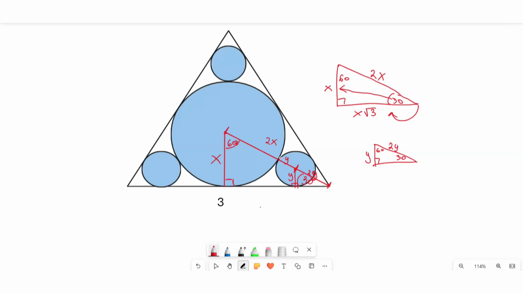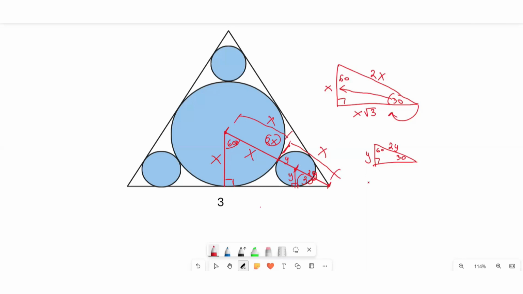Take a look at this. This is x because it is also a radius from the bigger circle. And since everything was 2x, it simply means that this journey here is x as well. So if you look, that's how we got those two x's.